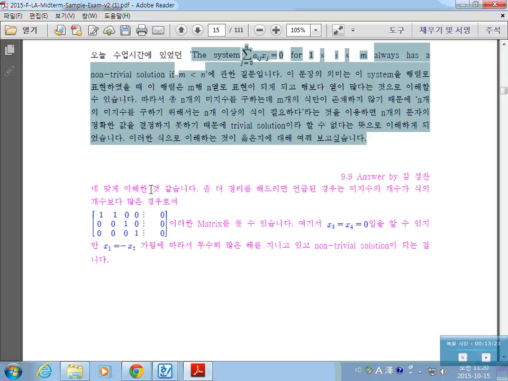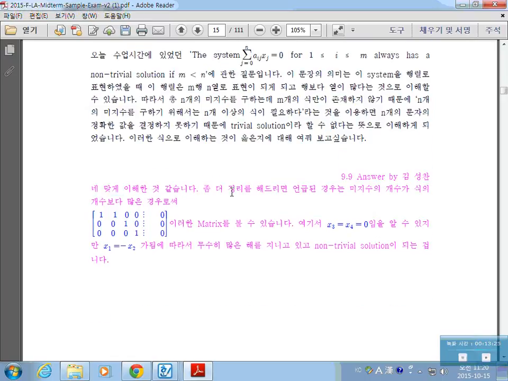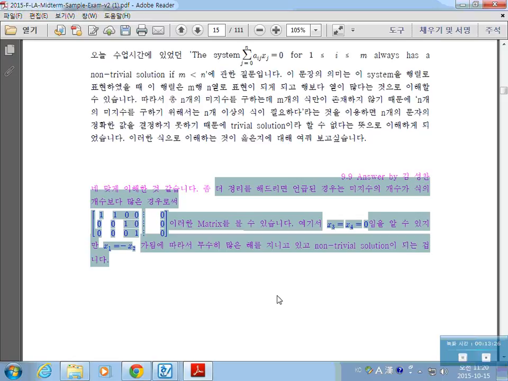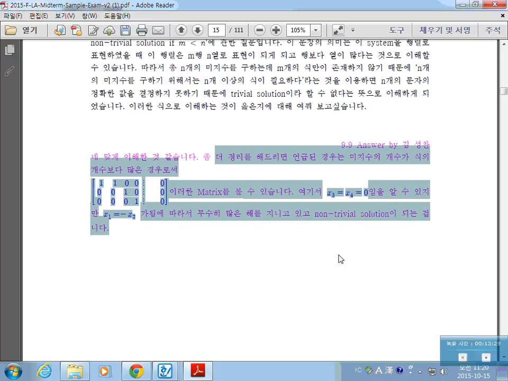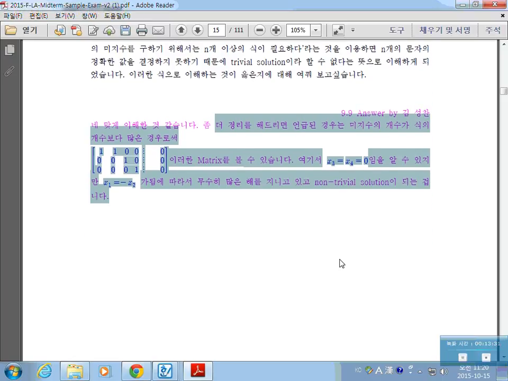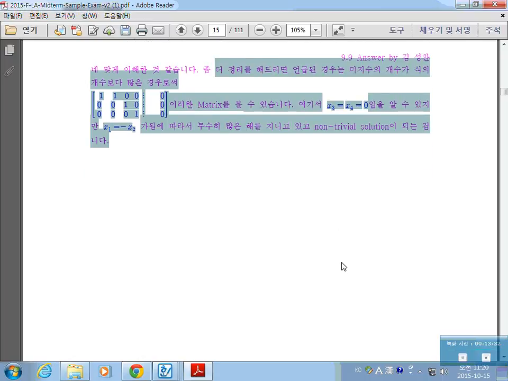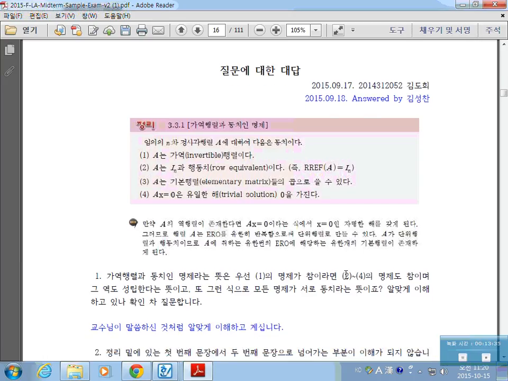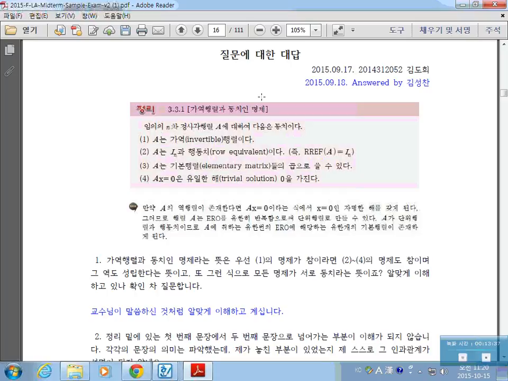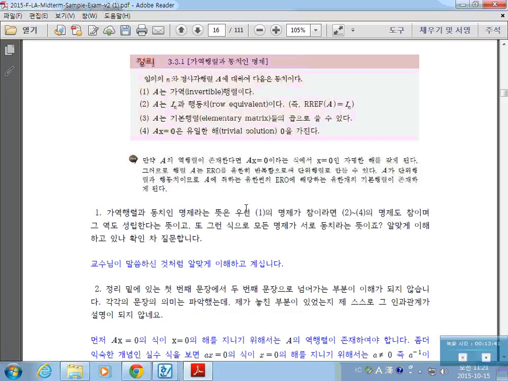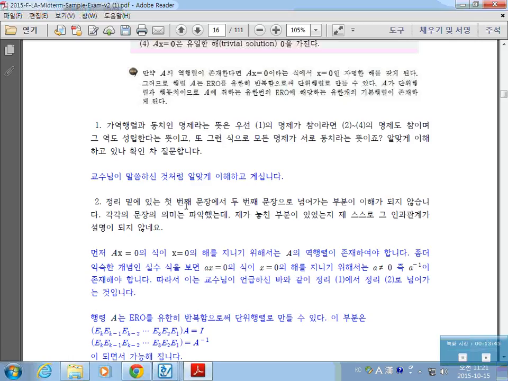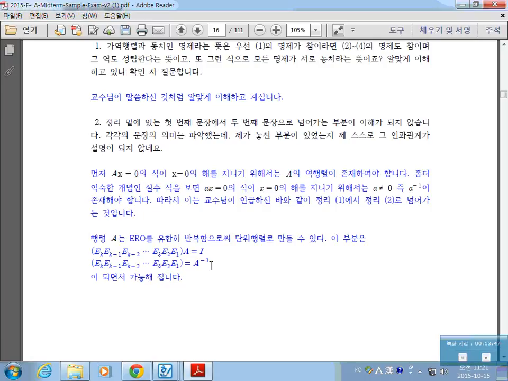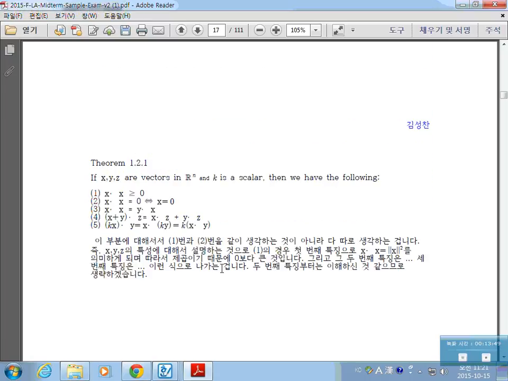And Mr. Kim Sung-chan added his understanding of a concept which was covered in the class to make sure. And Mr. Kim Do-hee and Kim Sung-chan added their understanding in their own words and made revisions to help other students.